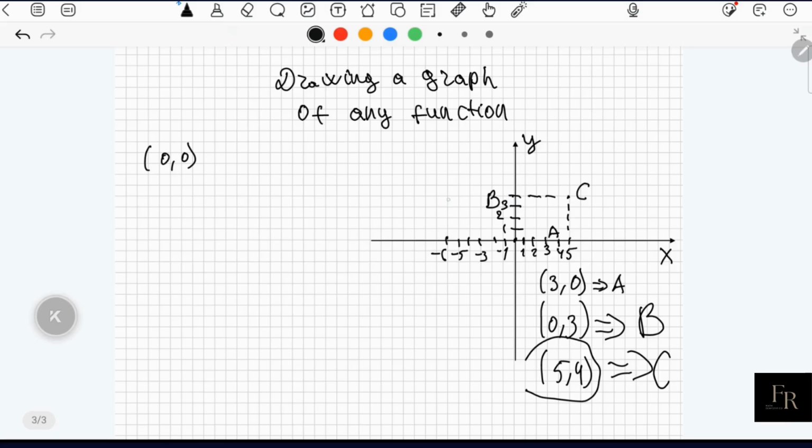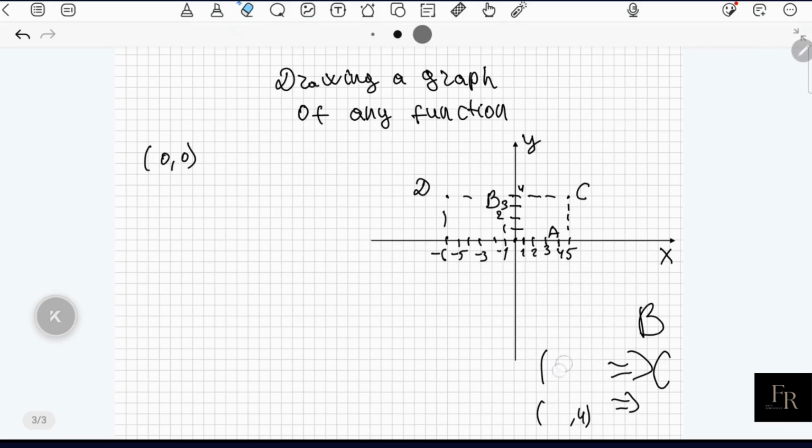Let's say -6, 4. So this is in the second quadrant, -6, 4, and so on. Now let's erase all of them. So all points are erased.